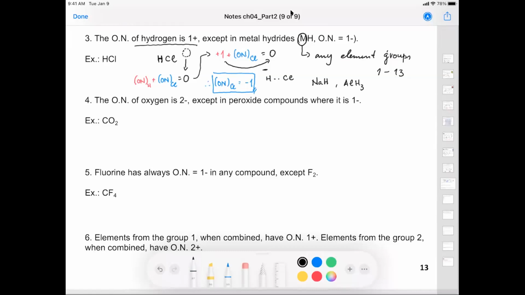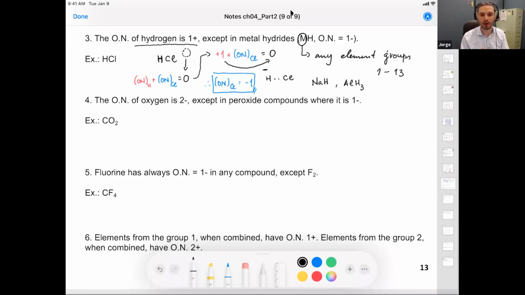And it's the opposite for the hydrogen. The hydrogen lost electrons. So if we could take a picture of this chemical bond, we would see the pair of electrons closer to the chlorine and farther from the hydrogen. That is the meaning of an oxidation number of 1 minus and an oxidation number of 1 plus.